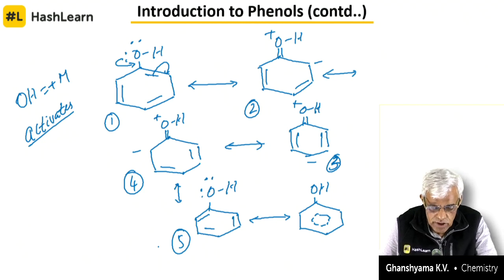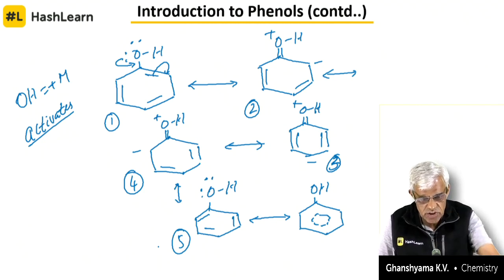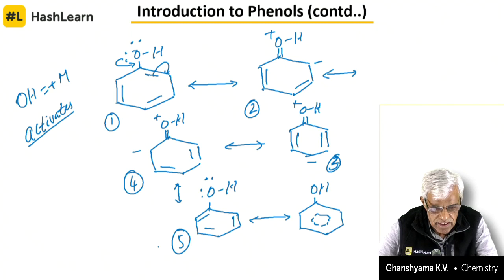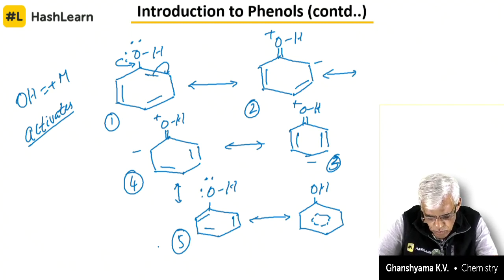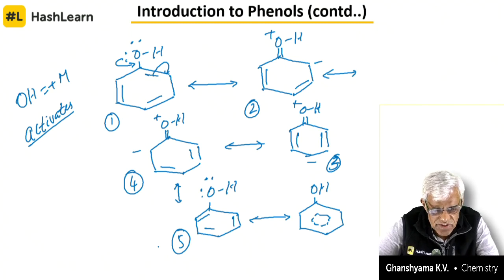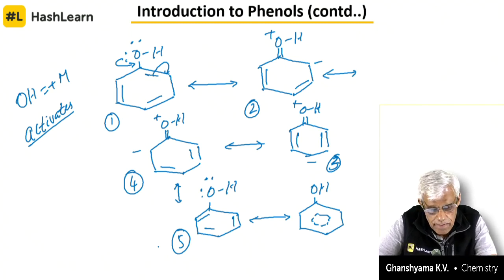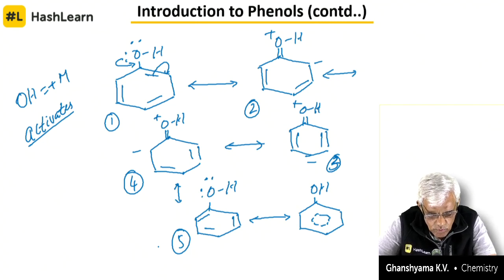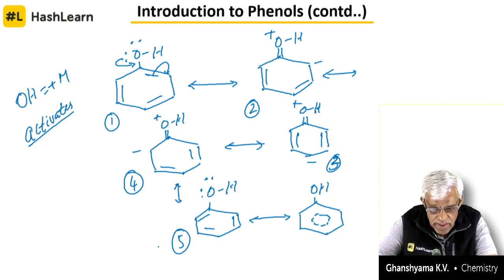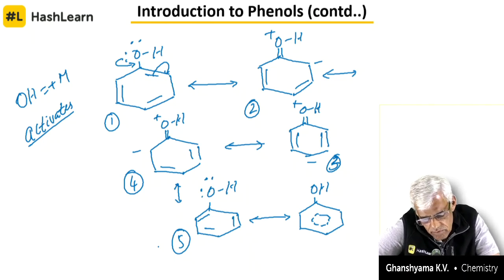Which of them will contribute to the maximum extent? Raghu says number 5. Anybody else? 1 and 5, Patluri, 1 and 5. Okay, accept your answer, Mohana Patluri. I accept your answer.